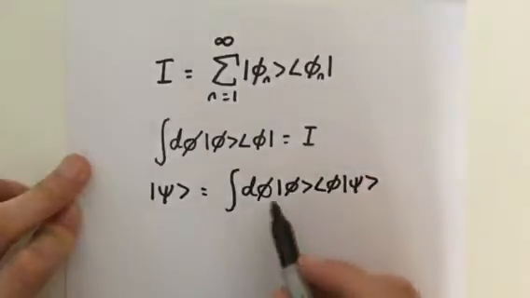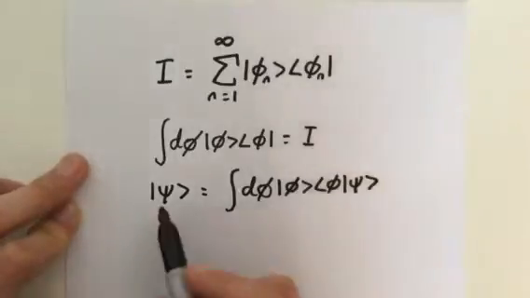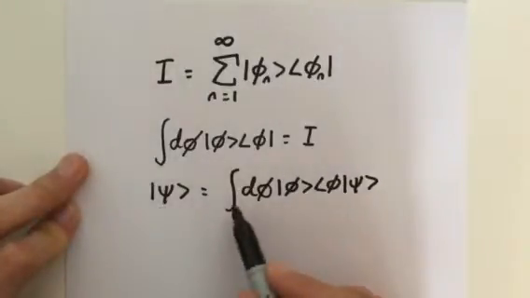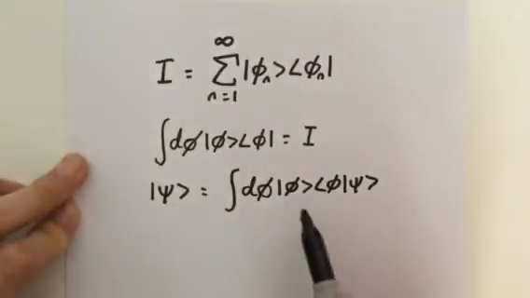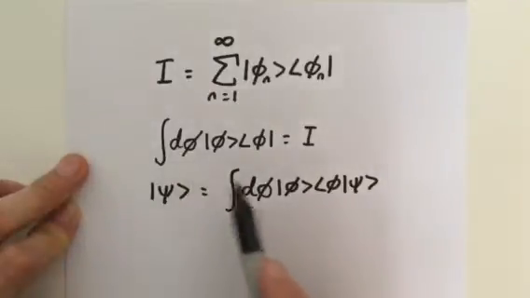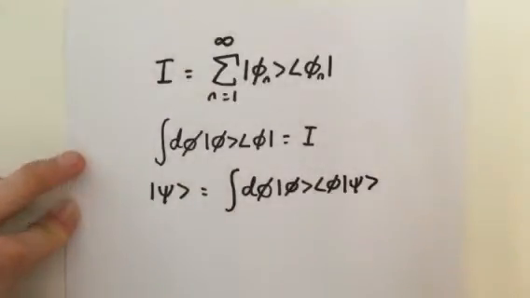You should be able to derive this. This is just a simple state vector, which is equal to the integral, in this case, of the basis vectors phi. So this is very elementary quantum mechanics.